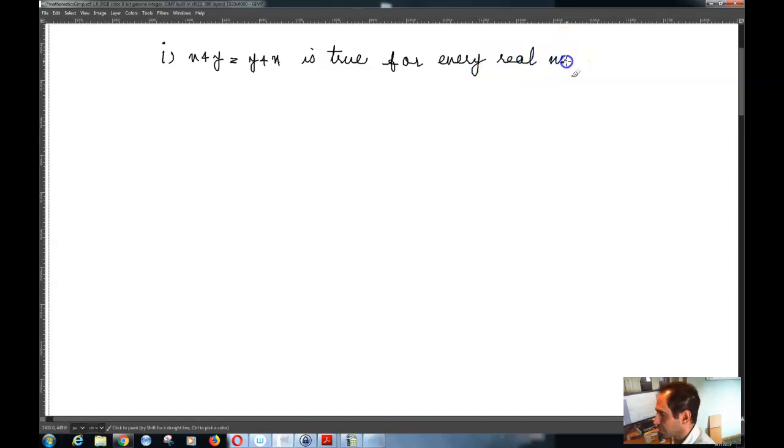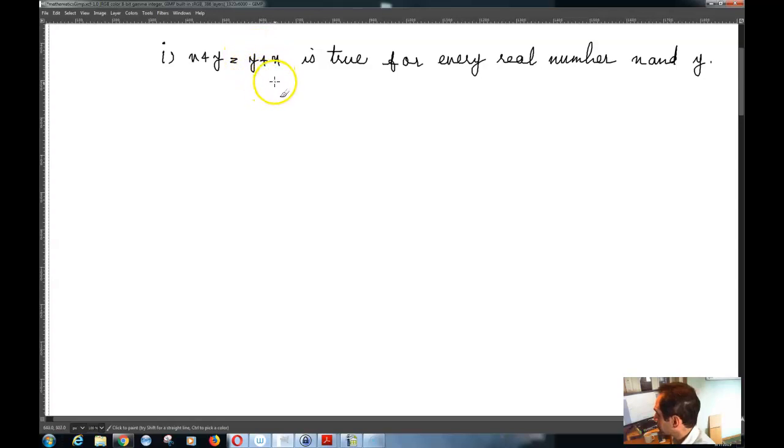Statement number 1 says x plus y is equal to y plus x is true for every real number x and y. This is one statement.